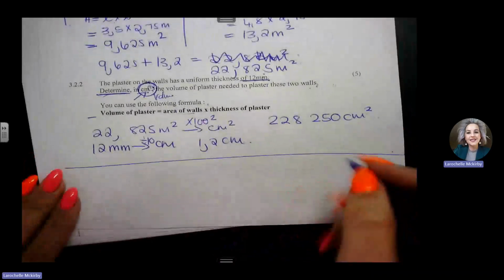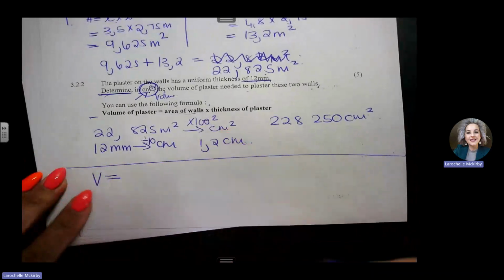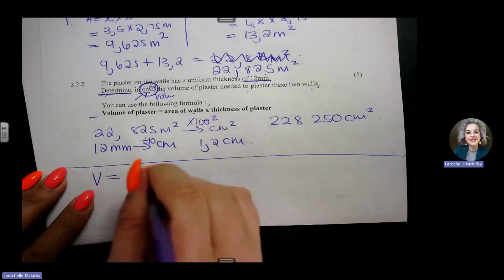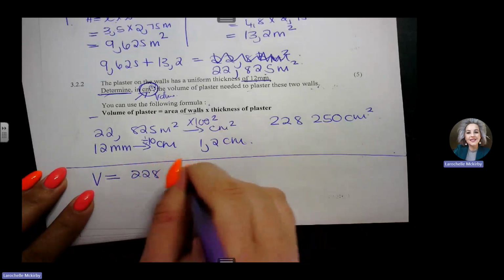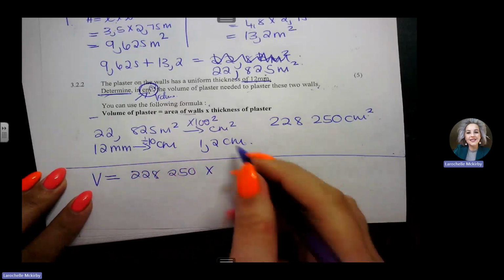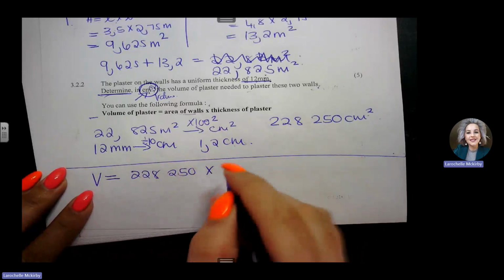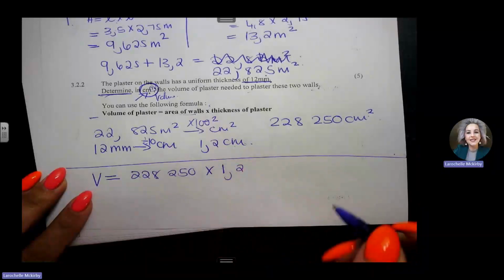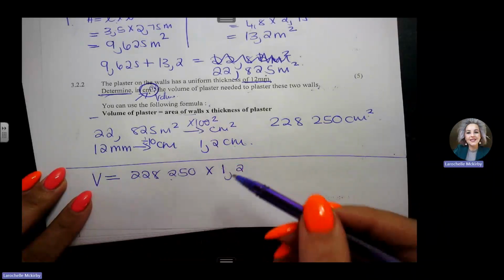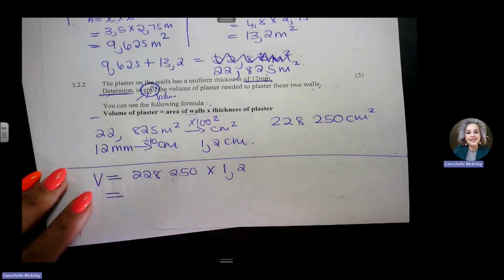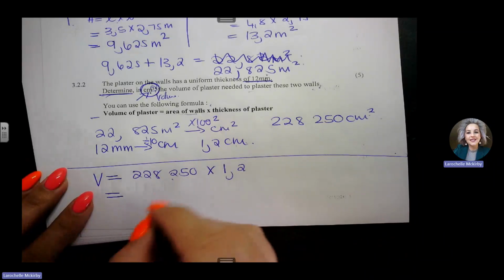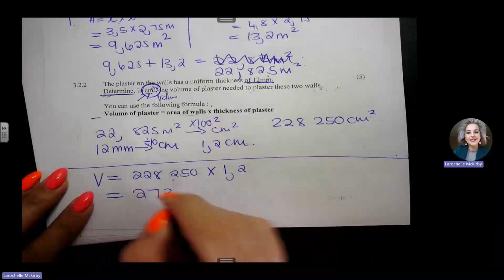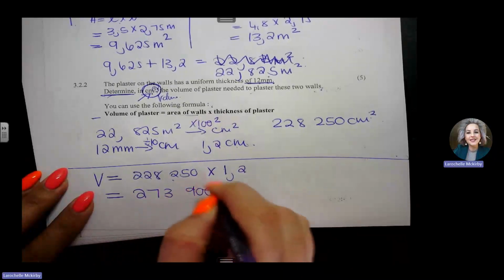Let's do the calculation. The volume is the area of the 2 walls, 228,250 multiplied by the thickness of the plaster, which is 1,2. This is in centimeters, this is in centimeters. My answer will come out in centimeters. 273,900.